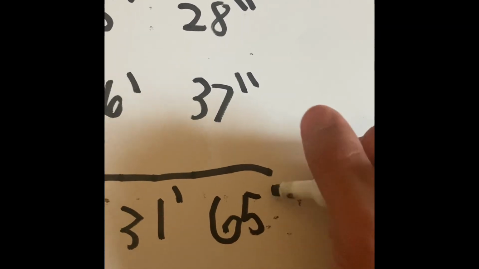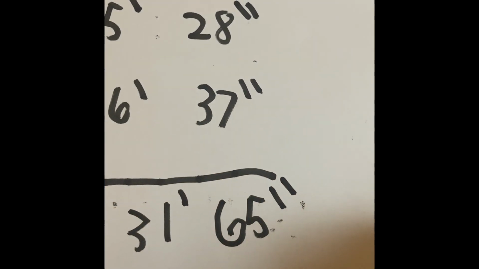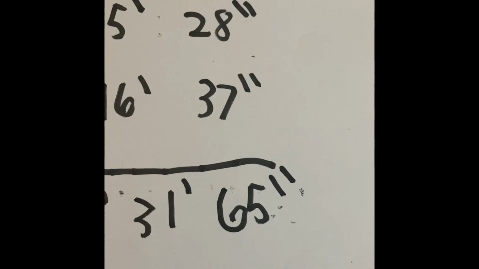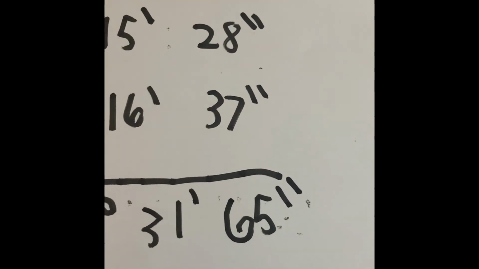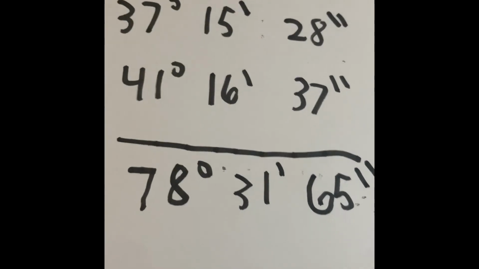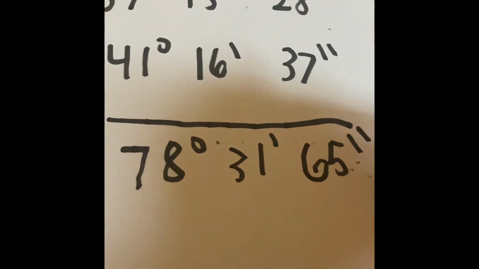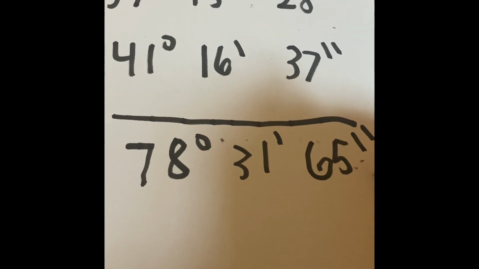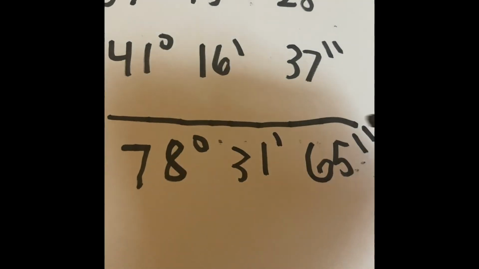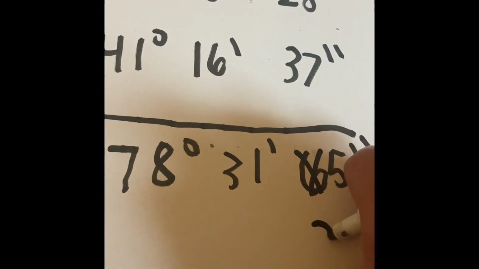65 seconds. But there's a problem. A clock can only have 60 seconds in 1 minute. Therefore, we're going to have to do some carrying. Since the 65 can have an entire 1 minute right here, we can cross out the 6 and turn it into a 0.